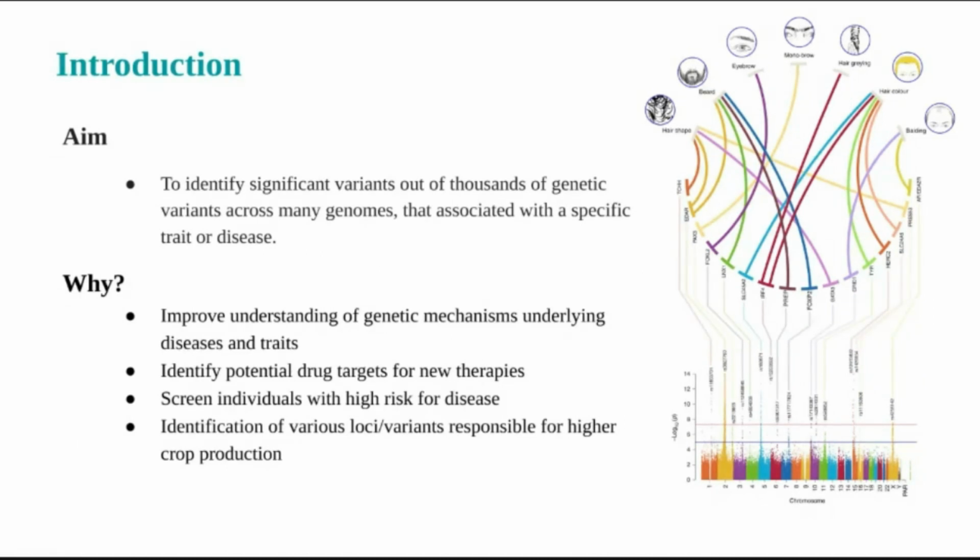You have heard about it in crops: someone has developed a new variety. How are they developing these varieties? They cause physical or chemical mutation.